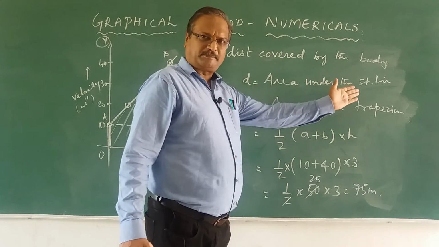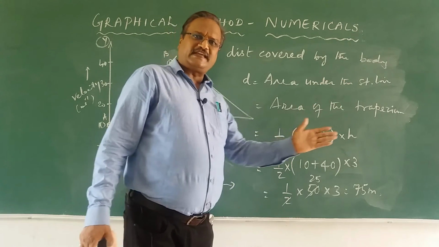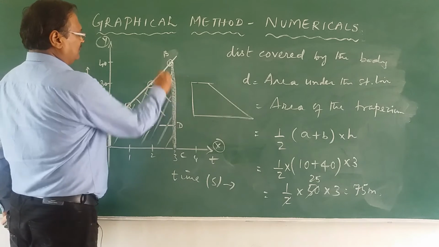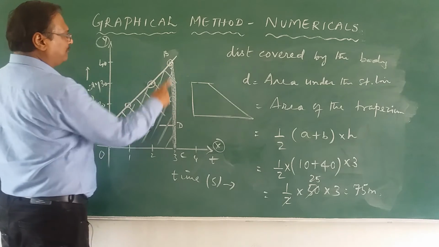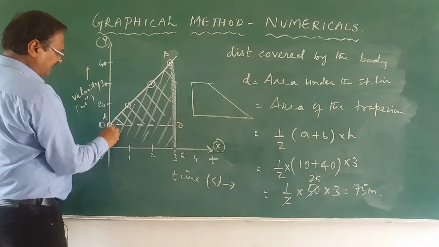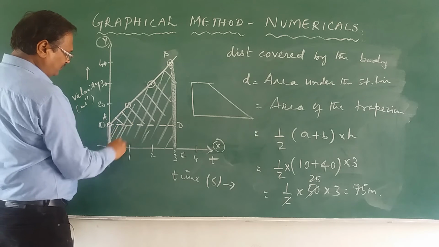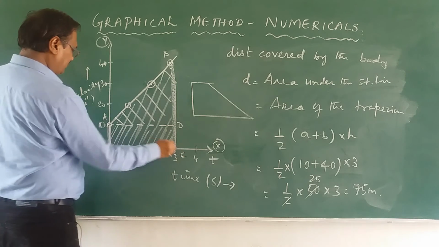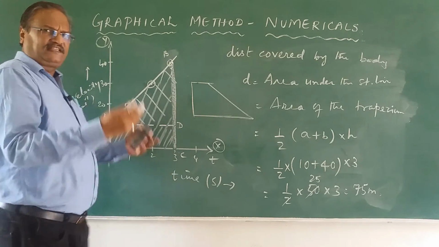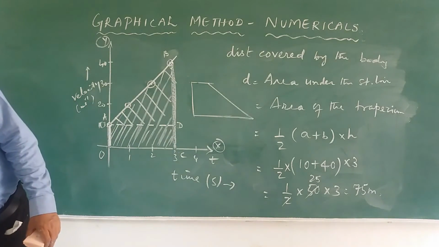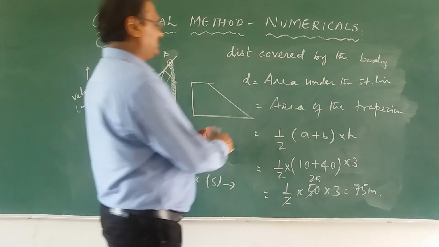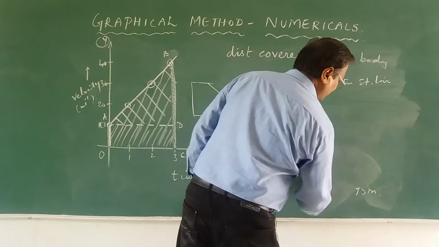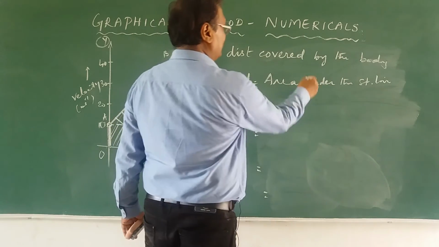Instead of the area of the trapezium, I can take the area of triangle ABD and the rectangle OCDA. I can add these two also and it will give the same answer. So let me try that method also. These are different methods, but one and the same.